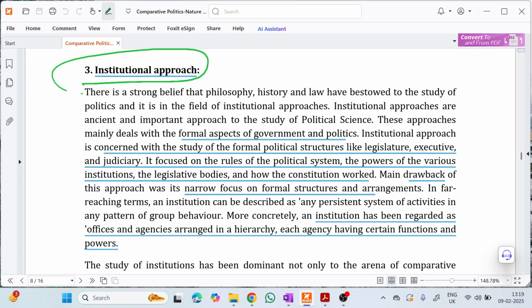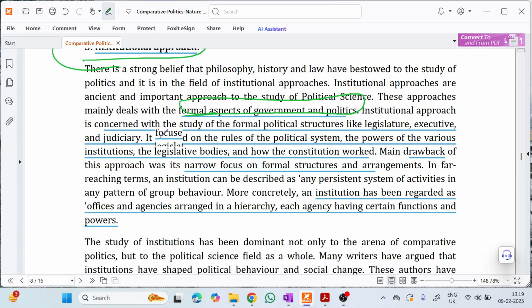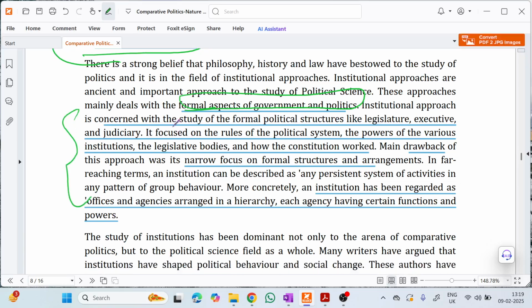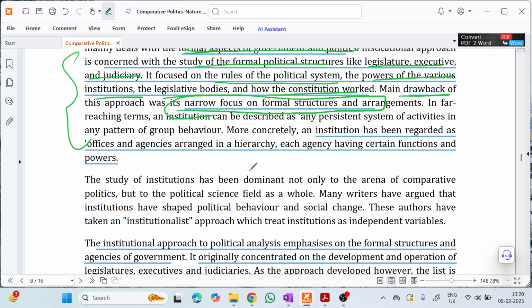So, this institutional approach deals with formal aspects of government and politics. It is concerned with the study of formal political structures such as the legislature, executive, and judiciary, and it focuses on the rules of the political system, the powers of various institutions, the legislative body, and how the constitution works. The main drawback of this approach was its narrow focus on formal structures and arrangements.